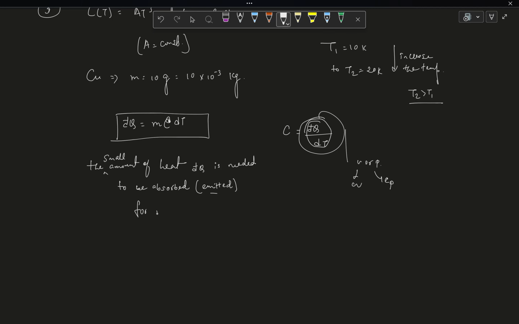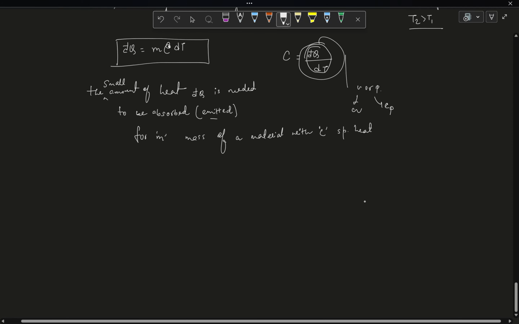for m mass of a material with C specific heat. So this specific heat is not molar specific heat, this is not per mole, but this is per unit mass basically.